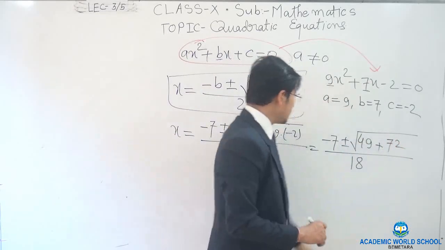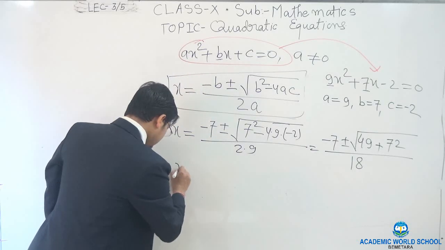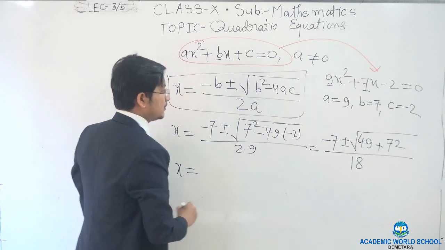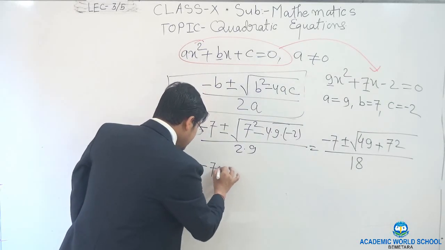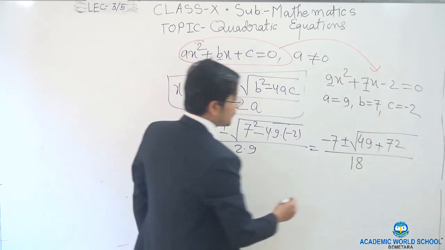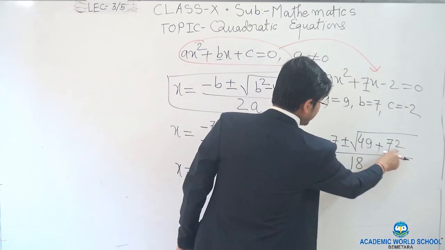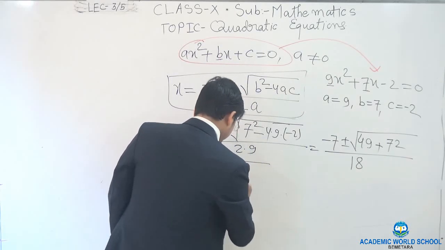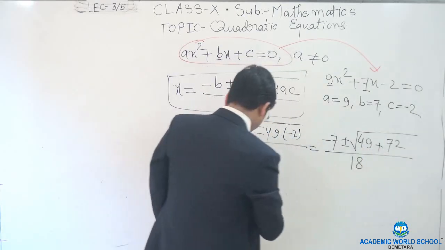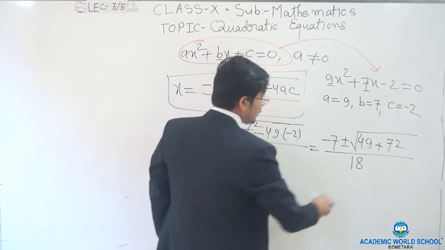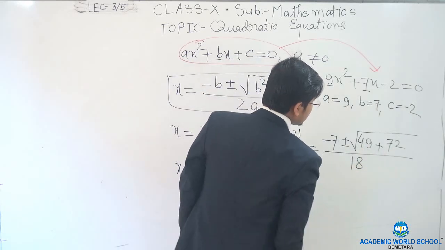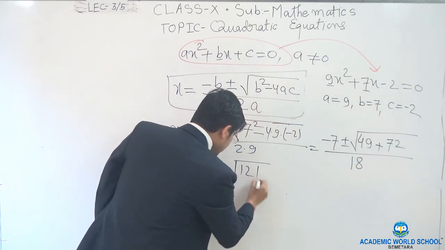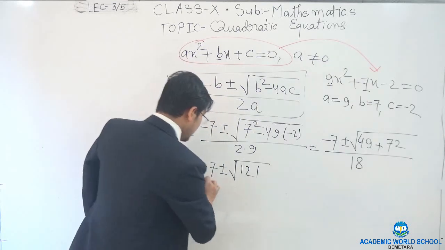So this will be x is equal to minus 7 plus minus. If you are going to add this, so this will be 9 plus 2, 11. 4 plus 7, 11 and 1. This is 121.